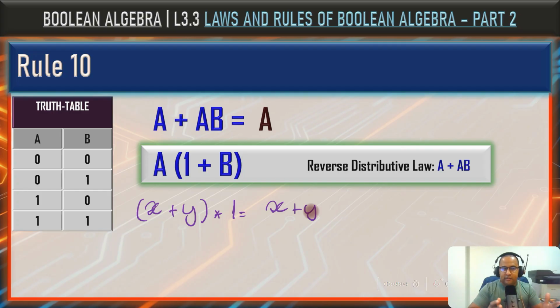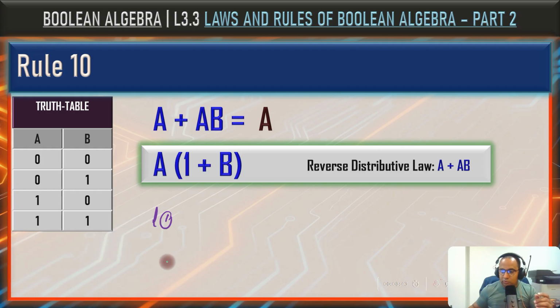So, both in regular mathematics and in Boolean algebra, this rule is always valid. What this means is that in mathematics, when we see a number like 10, we are not explicitly seeing the multiplication by 1, but it's implicitly there. Okay? The same idea applies to any other number or term.